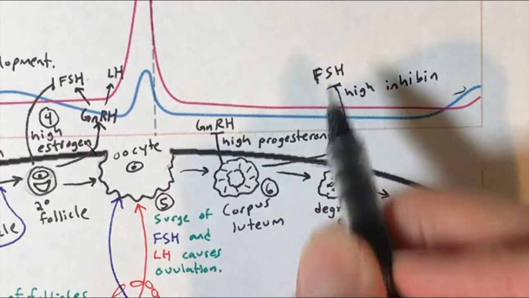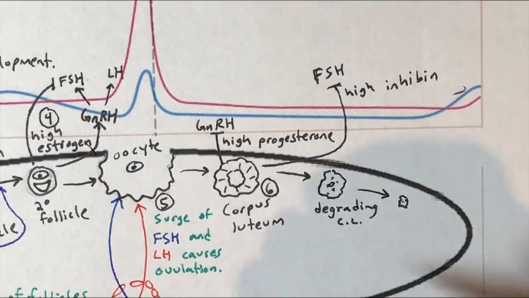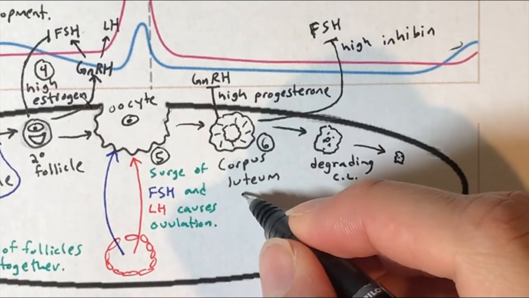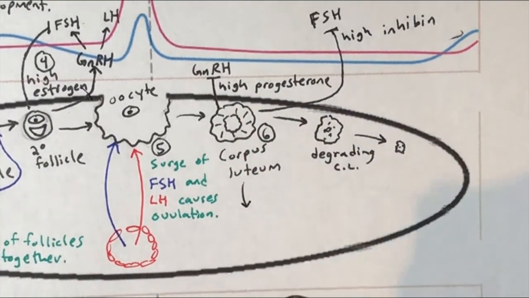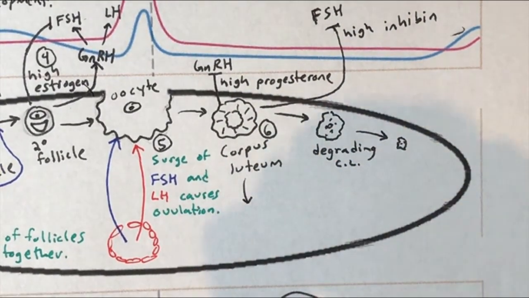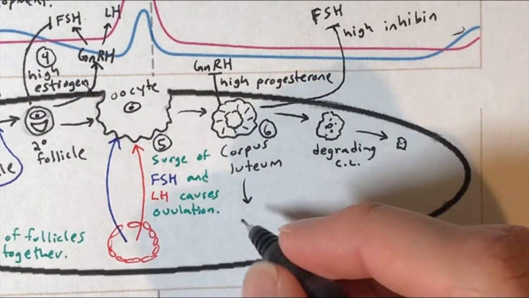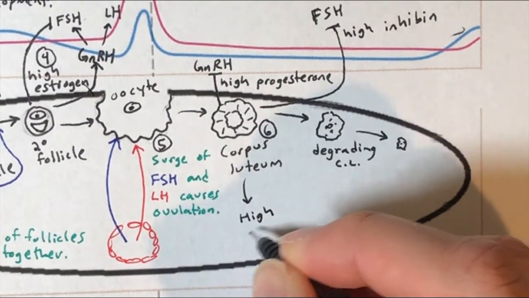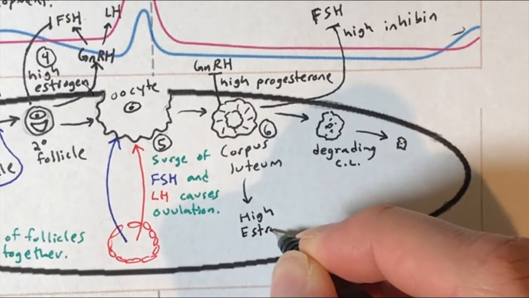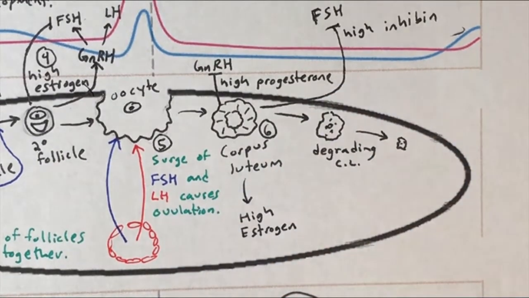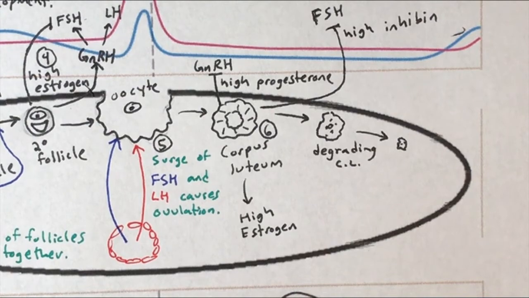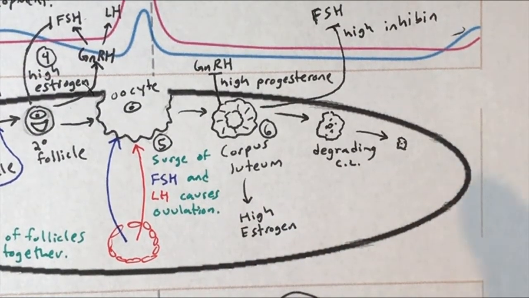So it's going to inhibit FSH. And the third thing that the corpus luteum releases is high quantities of estrogen. We'll talk about how this impacts the uterus soon.